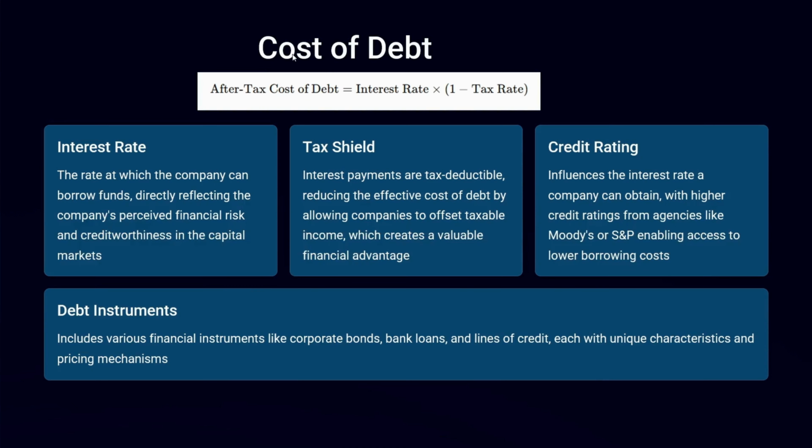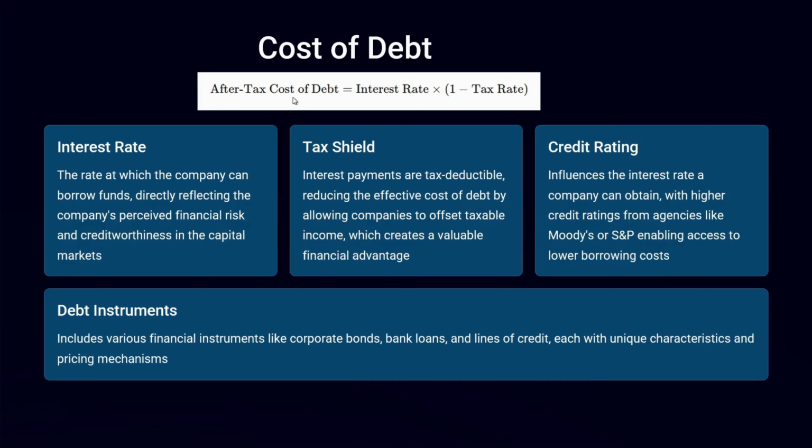Now let's move to cost of debt. RD is simply the interest rate a company pays on its borrowed funds. Since interest expenses are tax deductible, we adjust for tax. The formula for after-tax cost of debt is the interest rate multiplied by 1 minus the tax rate.